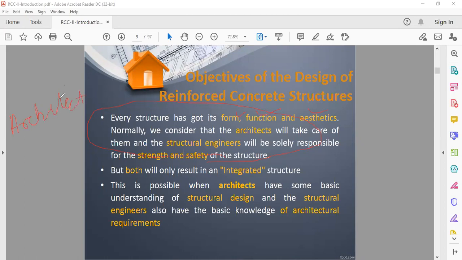What is the role of that architect? Form, function, and aesthetics. And then there is a structural engineer who takes care of the strength and safety of the structure. Both the structural engineer and the architect play important roles.